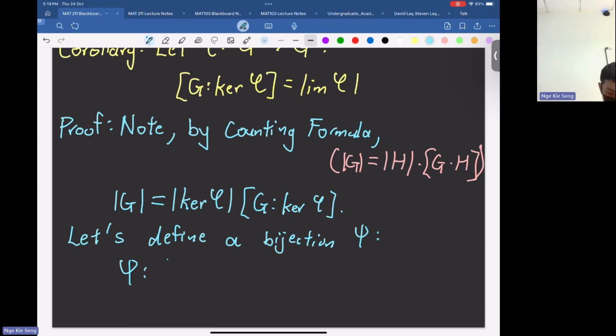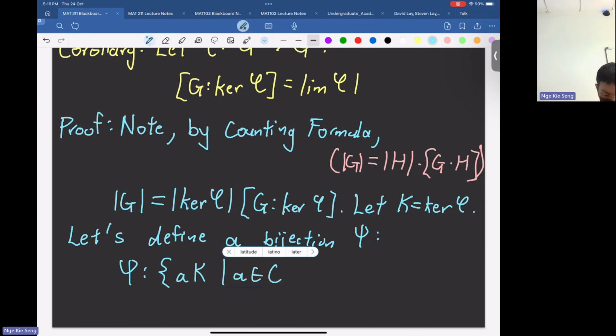See how we draw this: the set of all the left cosets. Do we know what K is already? Let's denote it: let K be the kernel of phi, such that K is in G, with the image of phi. How to build this map?